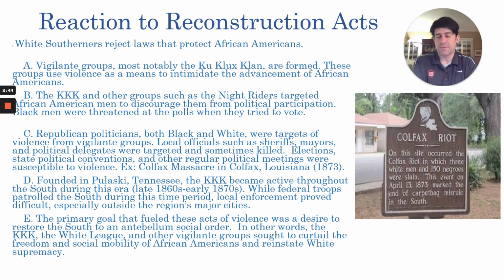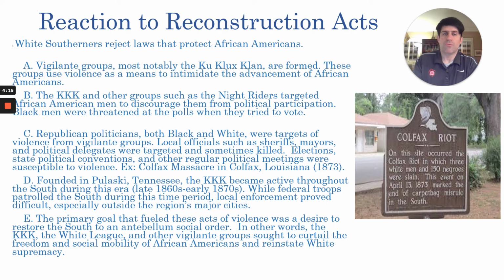I'm talking specifically about the 13th Amendment, which outlawed and abolished slavery, the Civil Rights Act of 1866, and the 14th Amendment, which basically protected the civil rights of African Americans in the U.S., and the 15th Amendment, which provided the franchise or the voting rights for African American men.